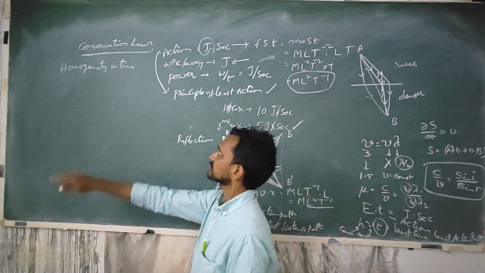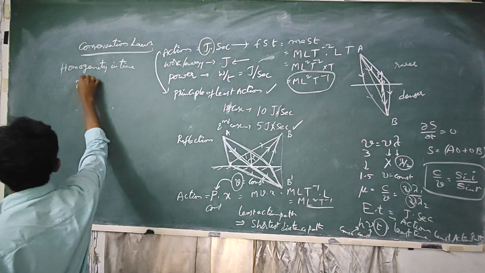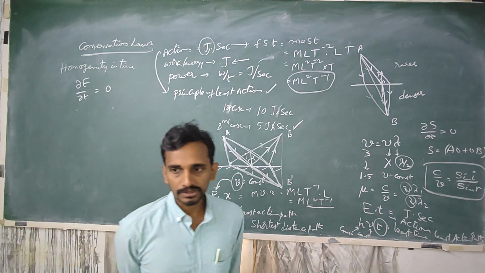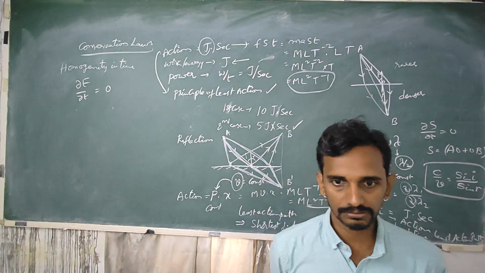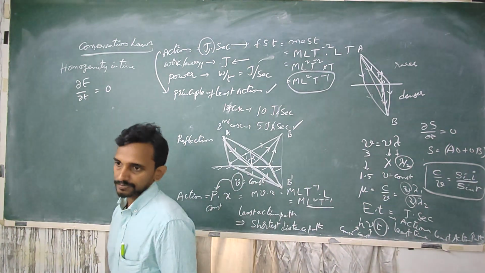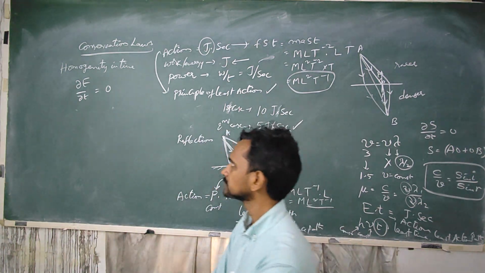So the first conservation law deals with homogeneity in time. It implies dou E by dou T is equal to 0. So the energy remains constant as a function of time. You can write energy in various forms.